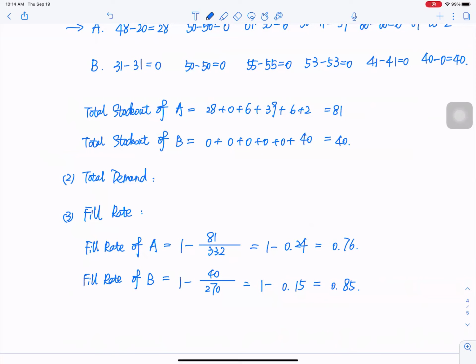So because 0.85 is larger than 0.76, the fill rate of B is larger. Then we will say that the performance of supplier B is better than supplier A. Better customer service.